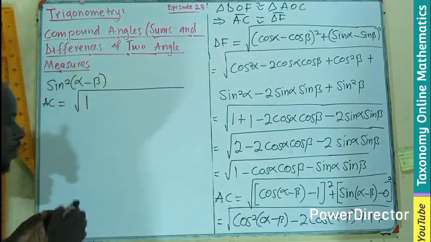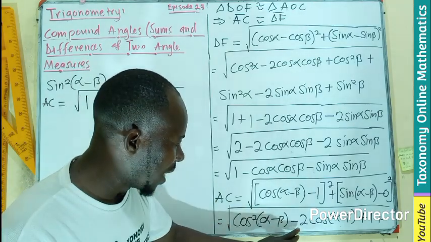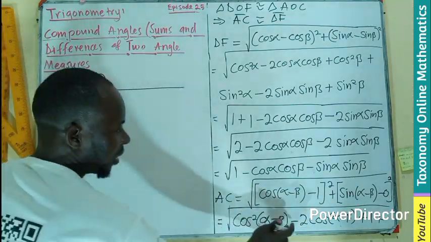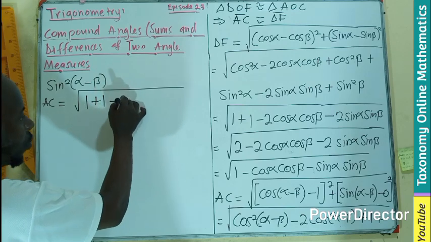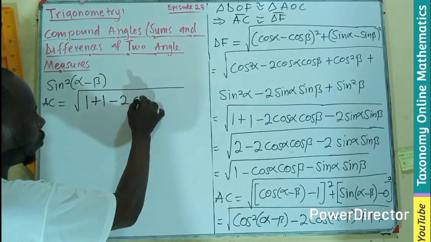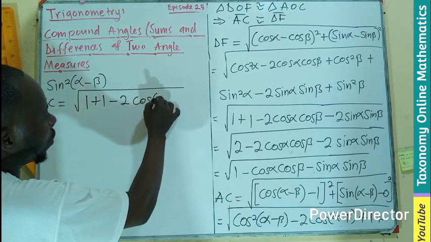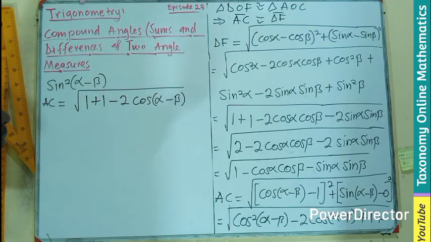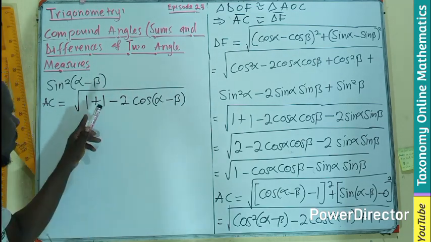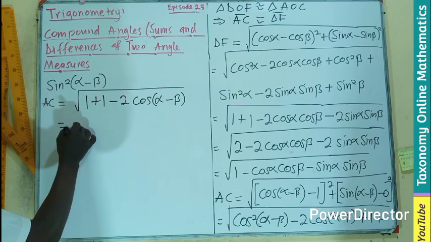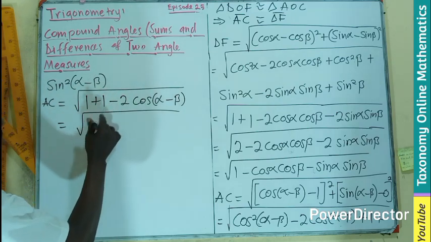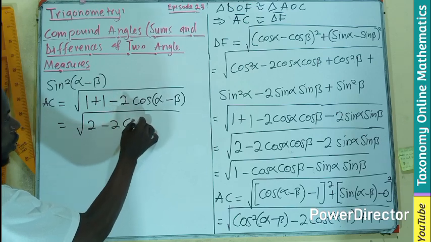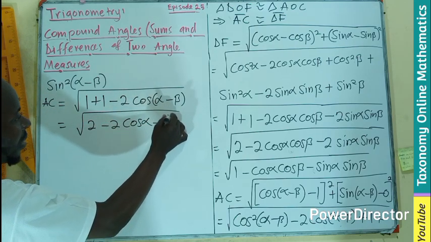So that is my 1. Then I should be left with plus that 1, then minus 2 cos alpha minus beta. Very simplified, right? Okay, let's further move to 1 plus this will be 2 minus 2 the cos of alpha minus beta.